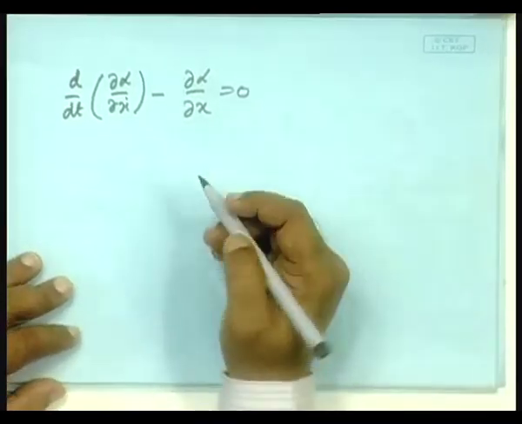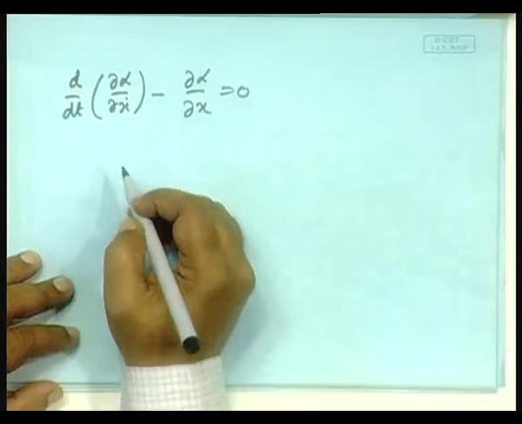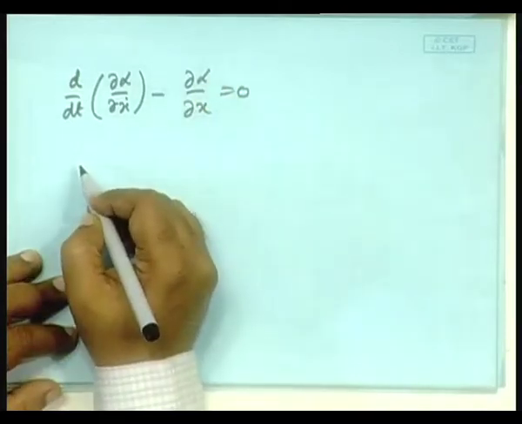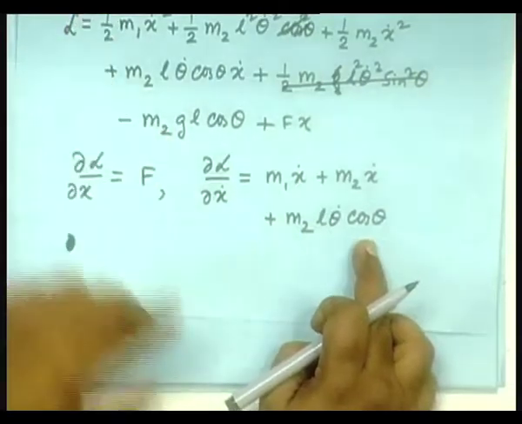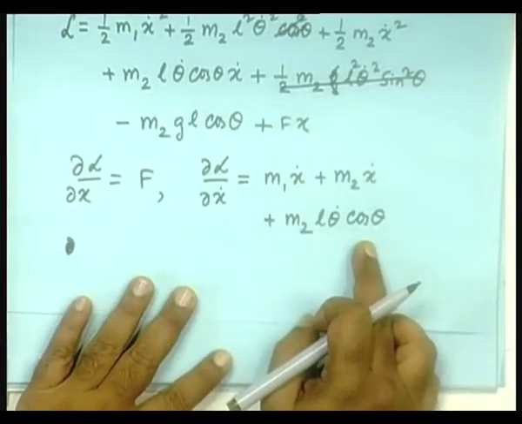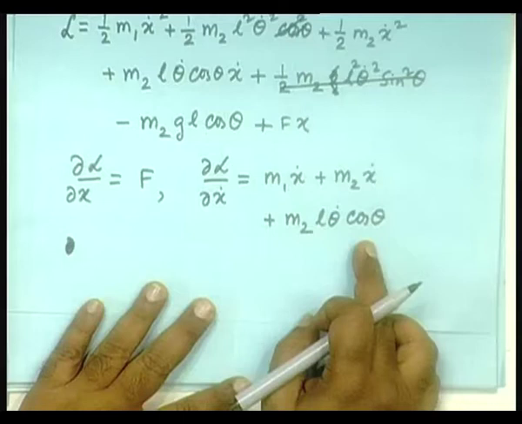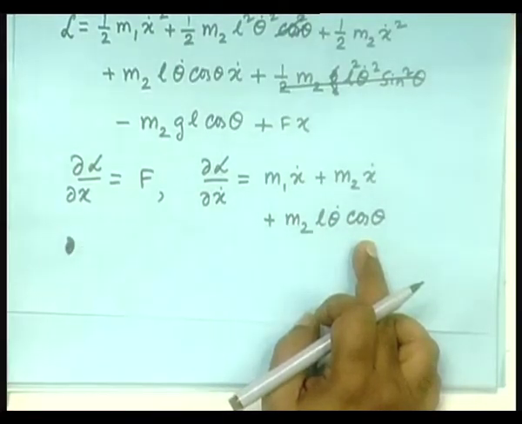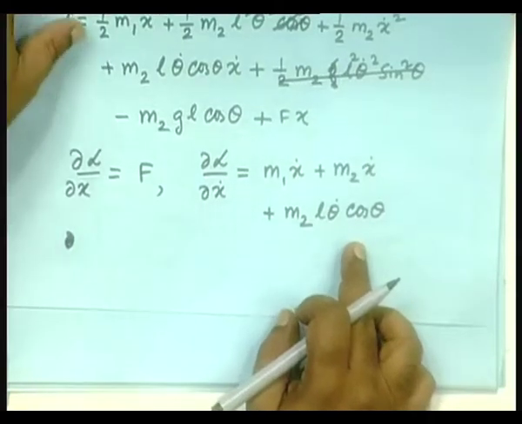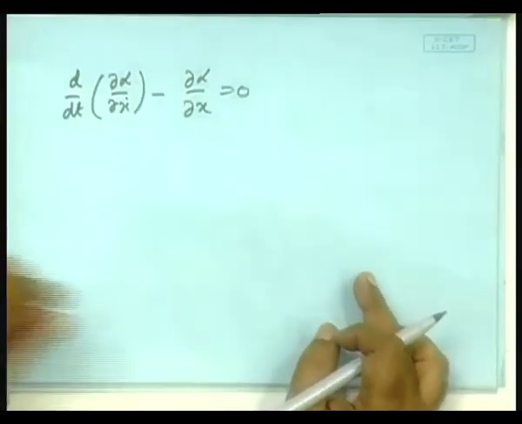Now, when we expand it, write the d dt of this correctly. I am saying this because most students make a mistake here.